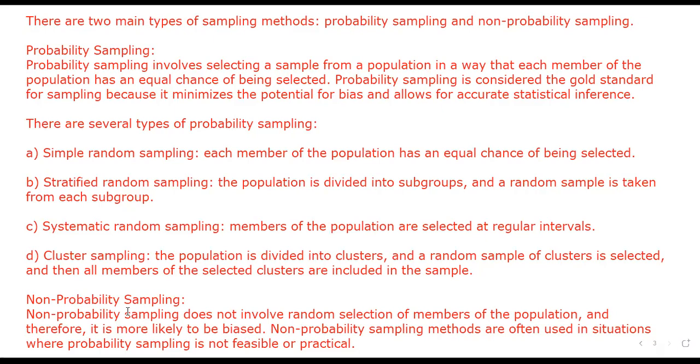Then when we are dealing with stratified sampling, we're looking at a population that is divided into subgroups, and a random sample is taken from each subgroup. So you stratify them, for instance, top, middle, and low management. So you pick 3 from top, 3 from middle, 3 from low, so those subgroups are called strata.